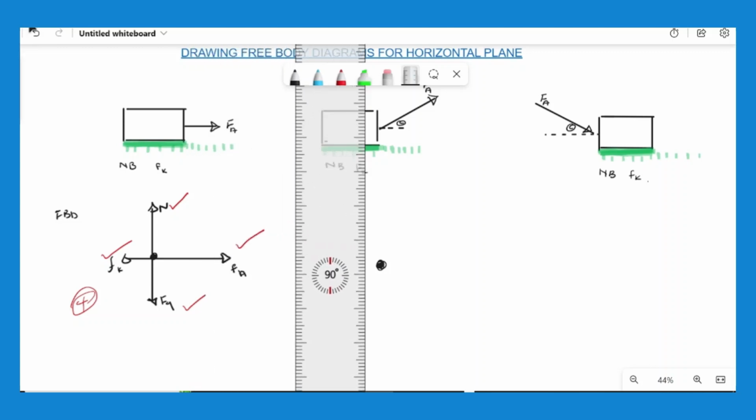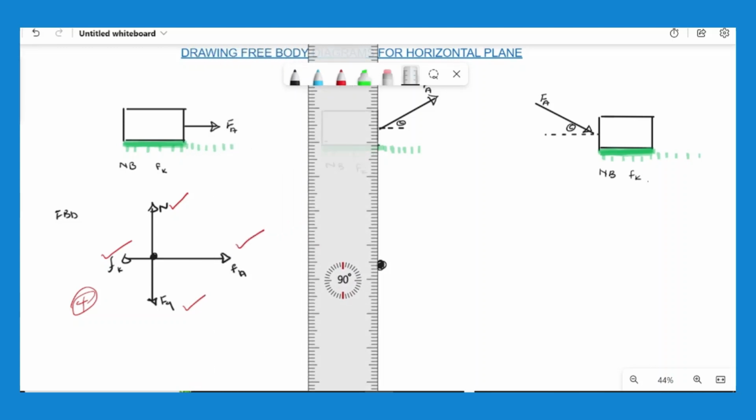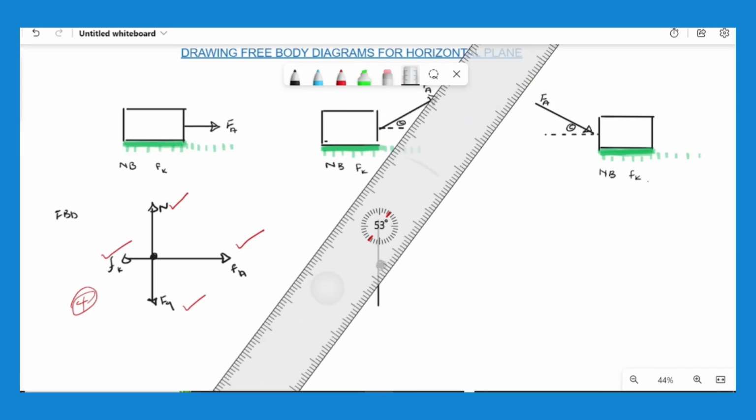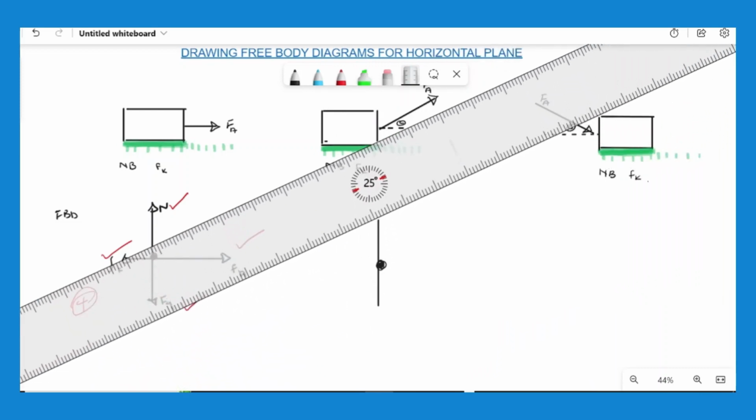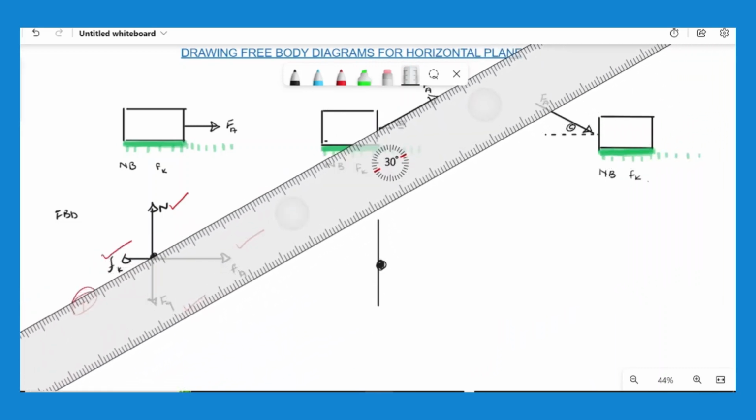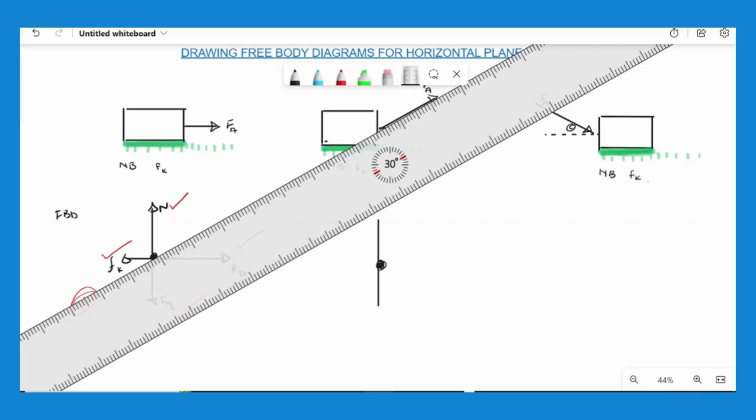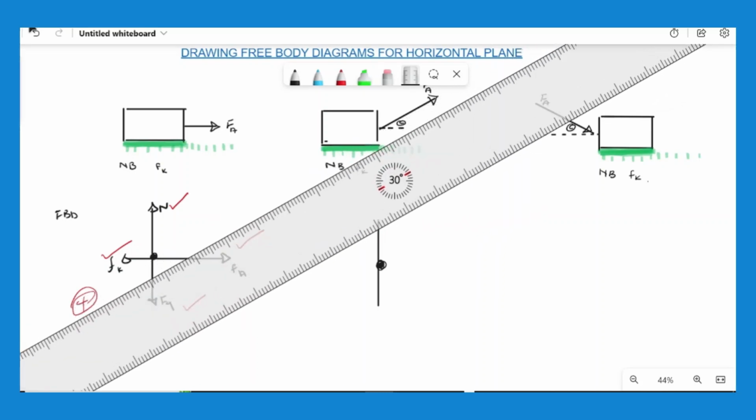The first force that we're going to draw is the weight acting straight downwards. And again, we're going to draw our normal force acting straight upward. Now we look at this force. It is acting in that type of direction.